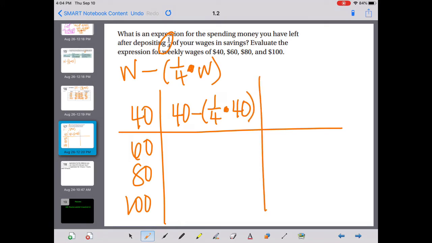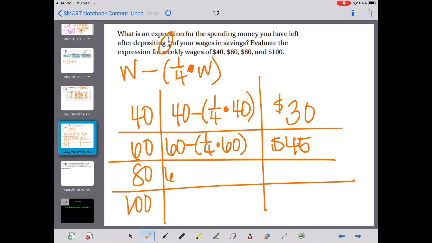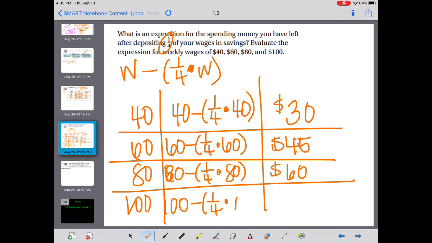Well, 1/4 of 40 is 10, and 40 minus 10 is 30. 60 minus 1/4 times 60. 1/4 of 60 is 15, and 60 minus 15 is 45. 1/4 of 80 is 20, and 80 minus 20 is $60. 1/4 of 100 is 25, and 100 minus 25 is $75.